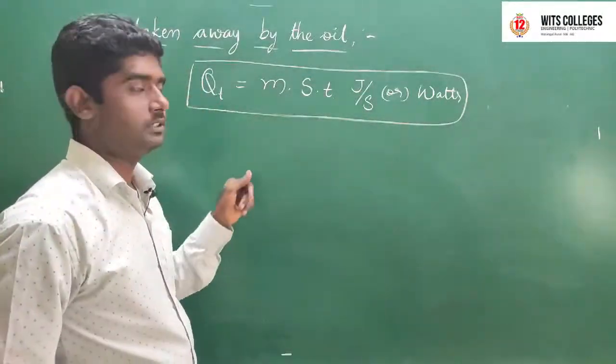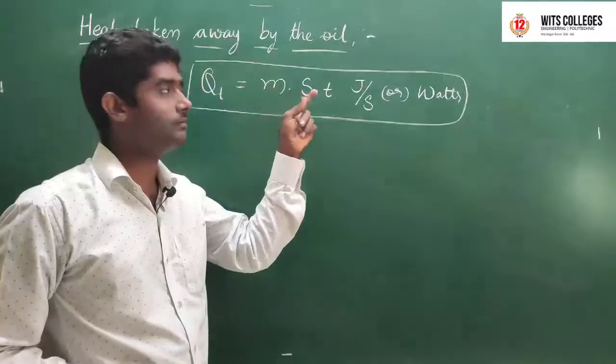In the QT equation, what are M, S and T?